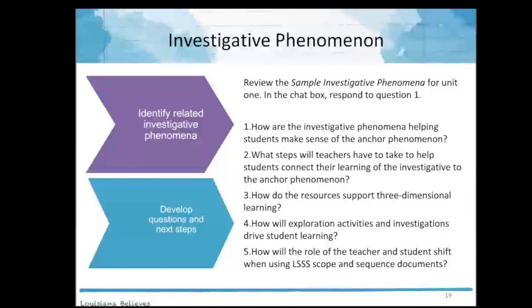If we look at sample 2, the investigative phenomenon for sample 2 states that the Colorado River carved the Grand Canyon. And like Leslie stated, I think that a lot of students in classrooms will begin to connect that just like the Colorado River has carved out the Grand Canyon, the Mississippi River or other bodies of water that may be close to them has contributed or is contributing to Louisiana's disappearing coastline or erosion close to them.